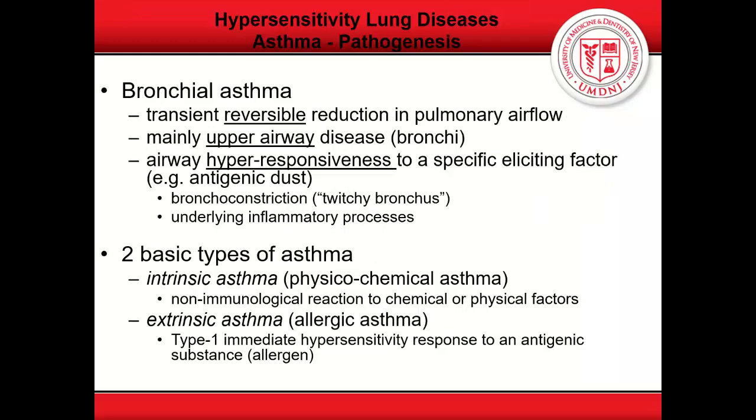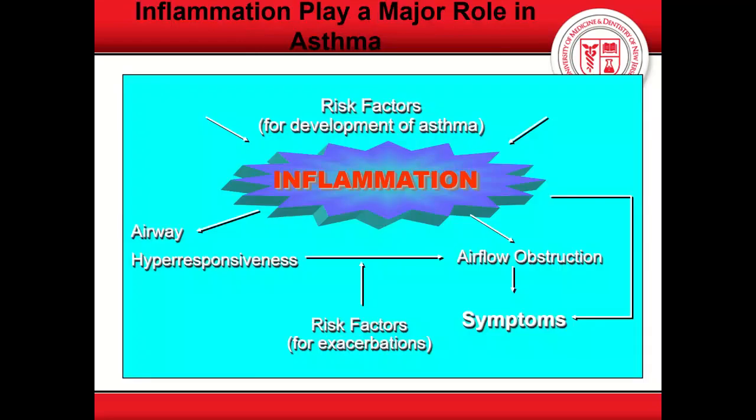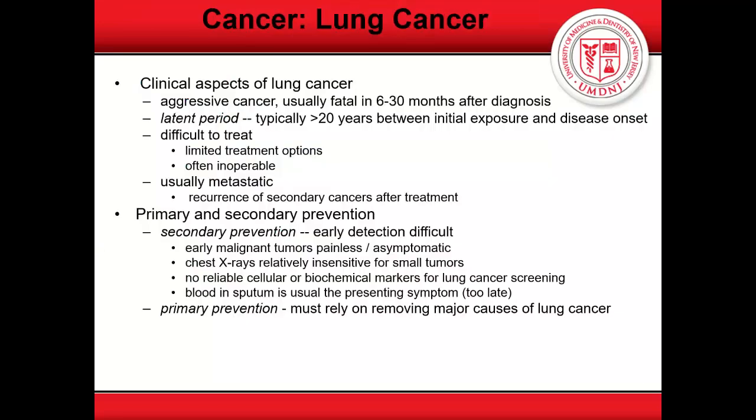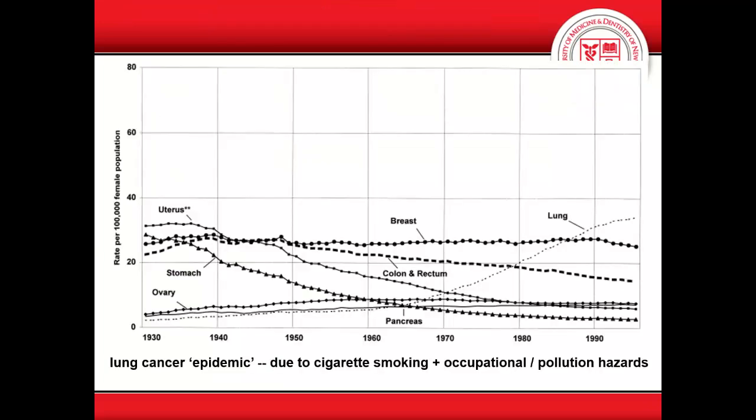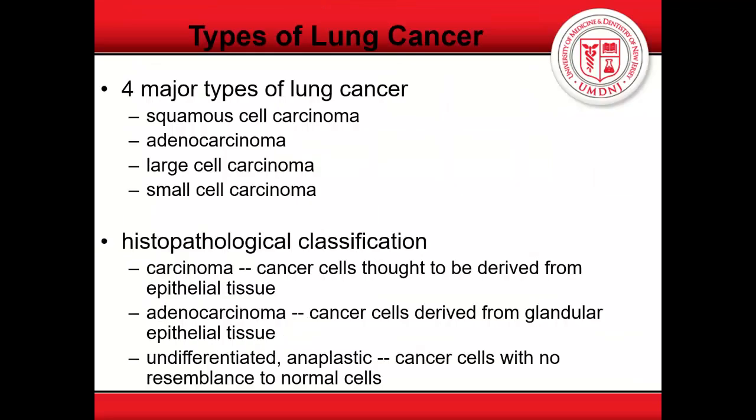Then we discussed asthma, the different types of asthma, all based on inflammation. And then cancer, so we talked about the different types of lung cancer, how it's an aggressive cancer, and how it's on the rise compared to the other types of cancers. So we talked about the small cell carcinoma, large cell carcinoma, adenocarcinoma, and squamous.